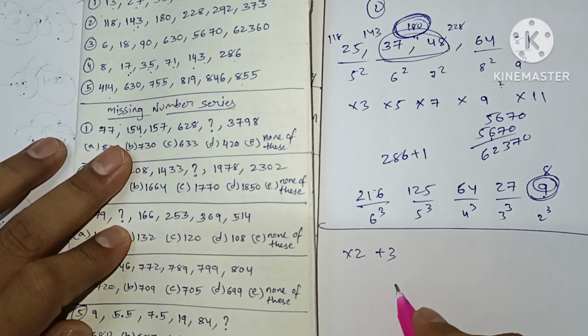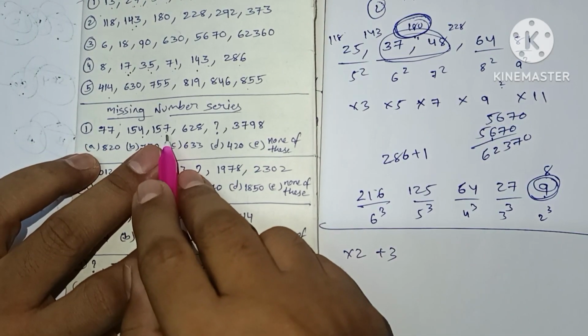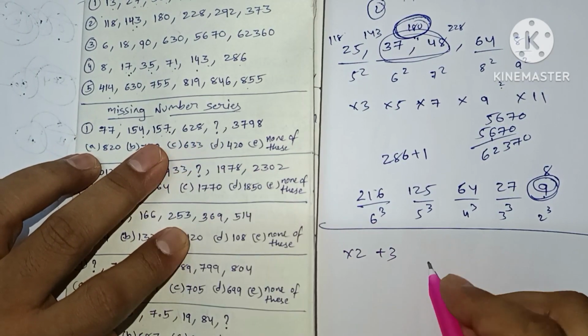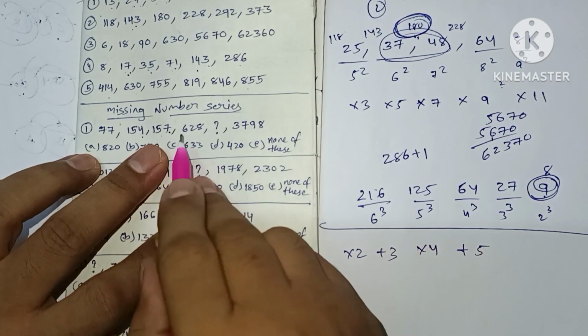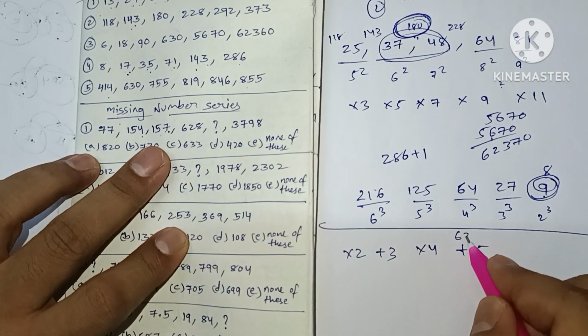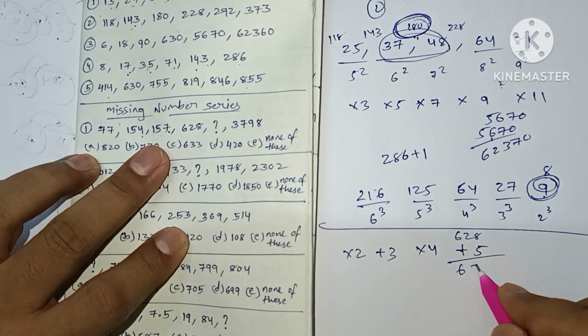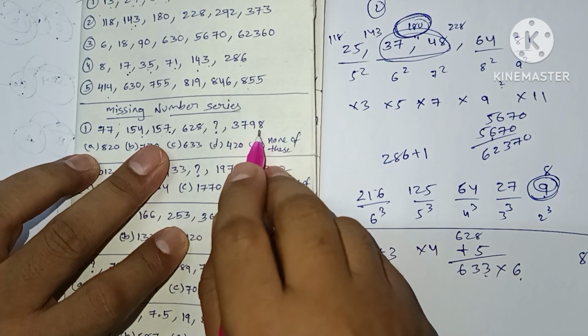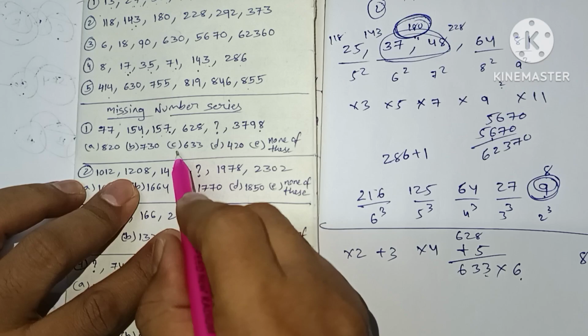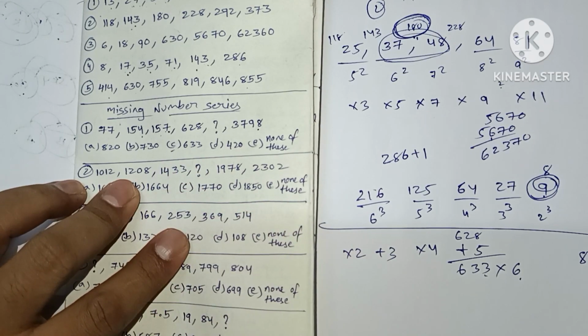Then 2 becomes 4, so times 4. So next we are going to do plus 5. 628 plus 5 means 633. Next one must be times 6. 3 times 6 ends in 8, and here it is also 8. So our answer will be 633, option C.